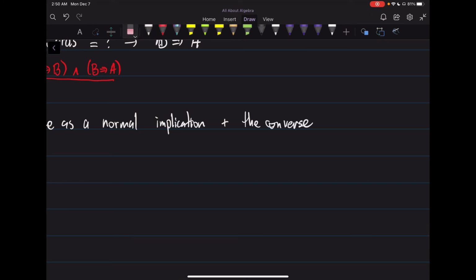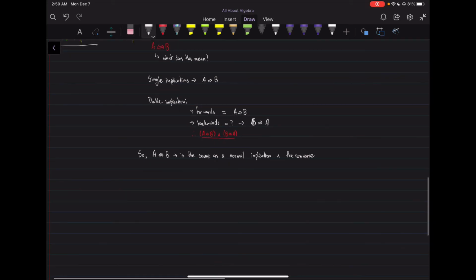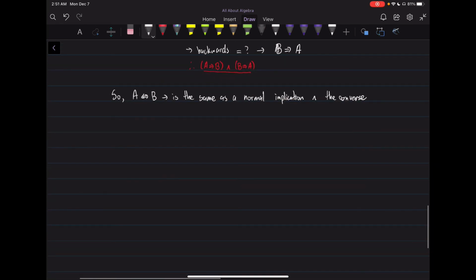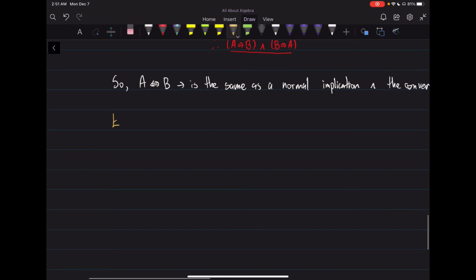I should maybe not use plus, I should use and the converse, because that's all this is. Now let's apply it to our example.